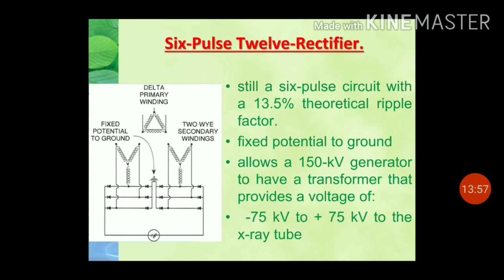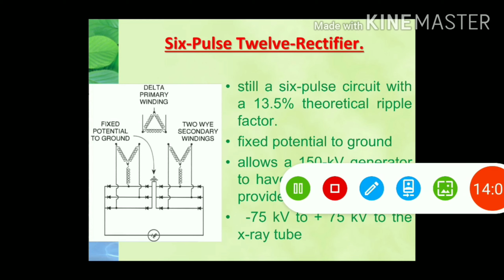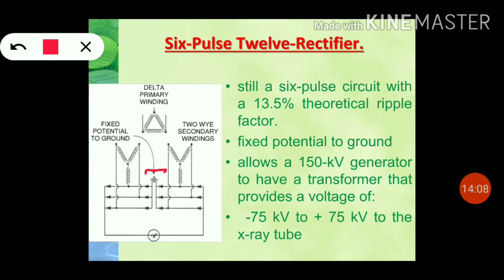The advantage over the 6 pulse 6 rectifier circuit is that this circuit has a fixed potential to ground, and it allows a 150 kV generator to have a transformer that provides a voltage of negative 75 to positive 75 kV to the X-ray tube.